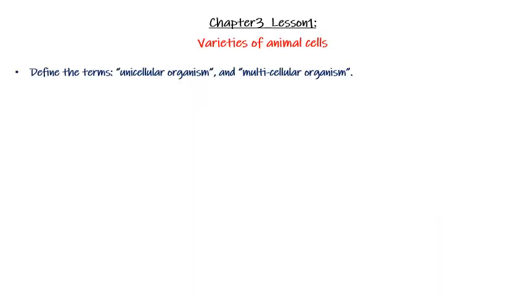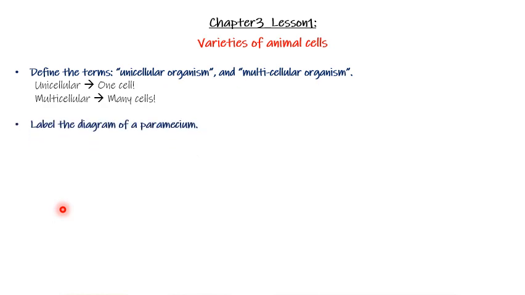Okay, so as a revision for what we have explained today, first, what is the difference between unicellular and multicellular organisms? Unicellular organisms are living things made up of one cell only, such as paramecium. The multicellular organisms are made up of many cells, such as human, plants, and animals.